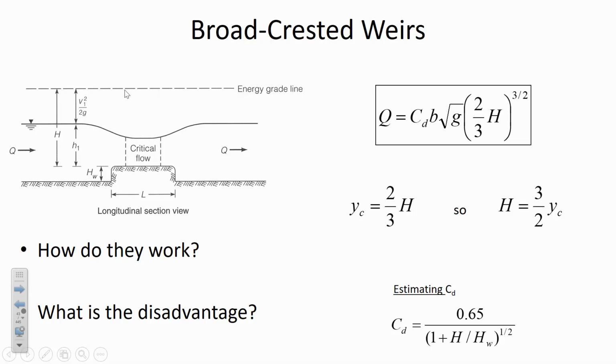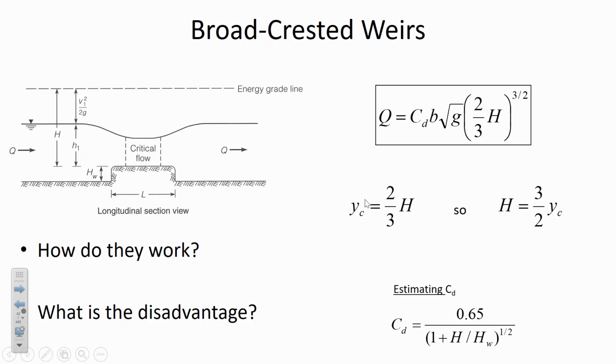And so here is the energy grade line, and under critical flow conditions, sadly, this sketch isn't to scale because what we know is that the flow depth, y sub c, is 2/3 of h. And if anything, in this case, the way they've drawn it, it kind of looks like the velocity head is greater than the flow depth. But that's not the case.